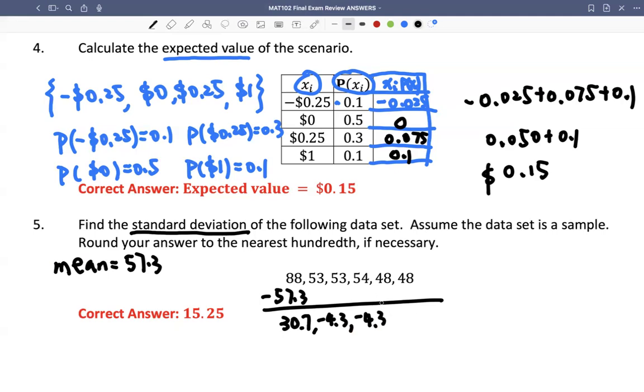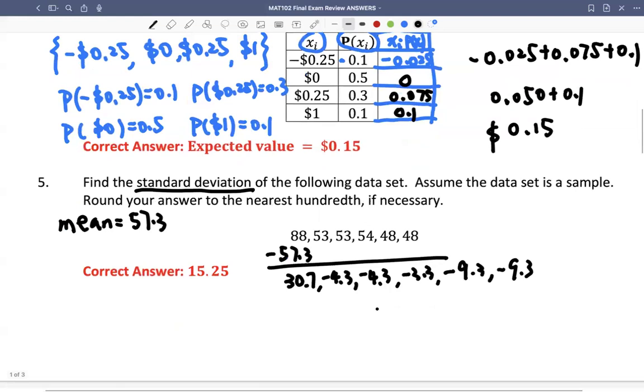Then 54 minus 57.3 is negative 3.3. 48 minus 57.3 gets negative 9.3. And 2 of them, because we have 6: 1, 2, 3, 4, 5, 6.